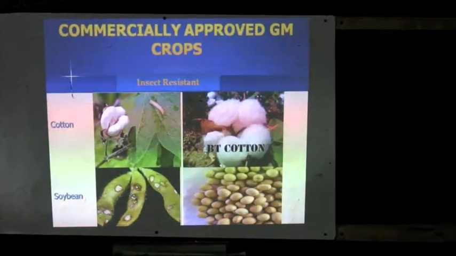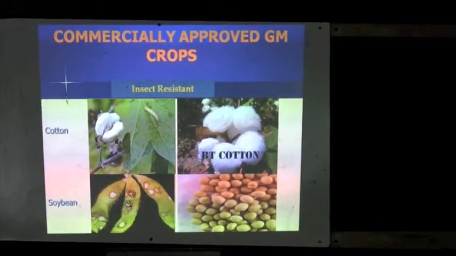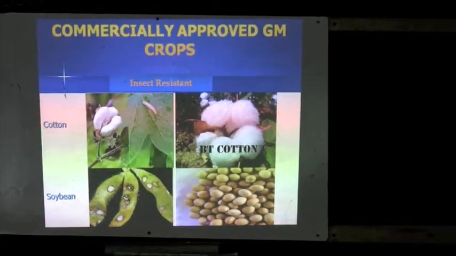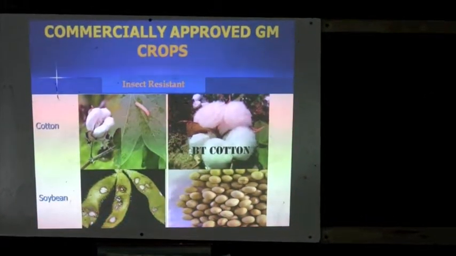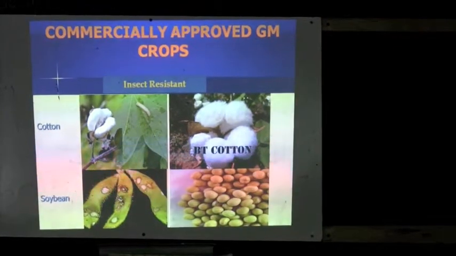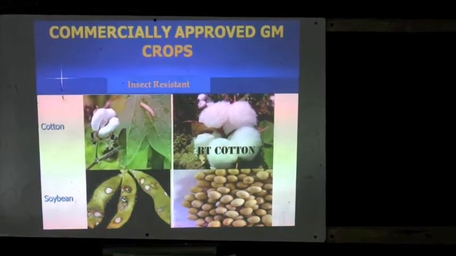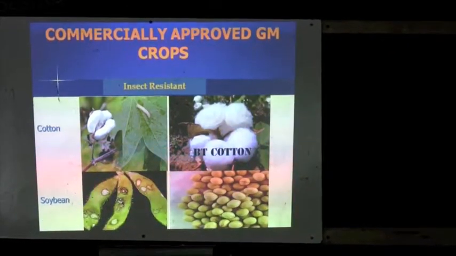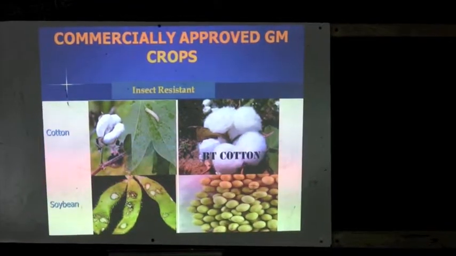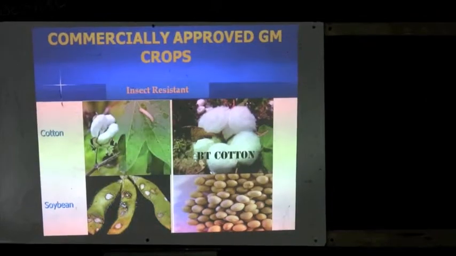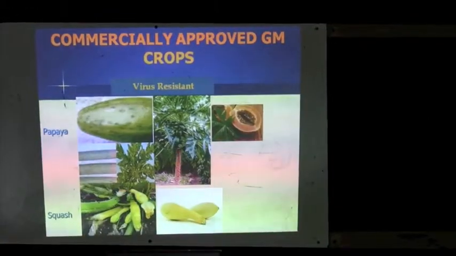In terms of cotton, the cotton bollworm affects the lint, and with what is called BT cotton, again, that's another area of discussion. We have soybean, again, the damage from insects. And with insect-resistant soybean, there is less damage.